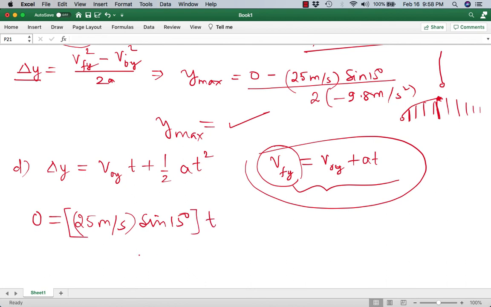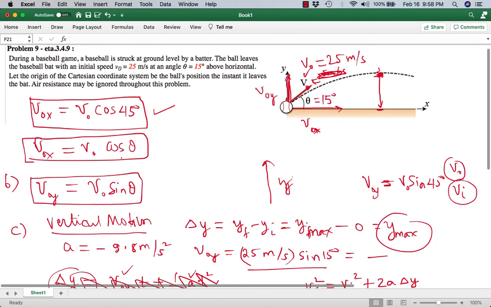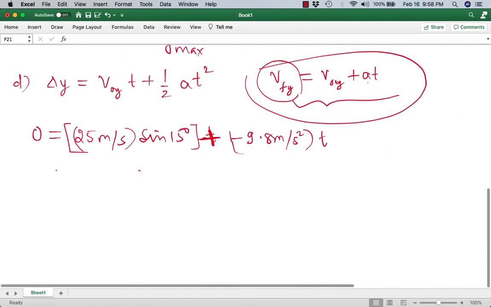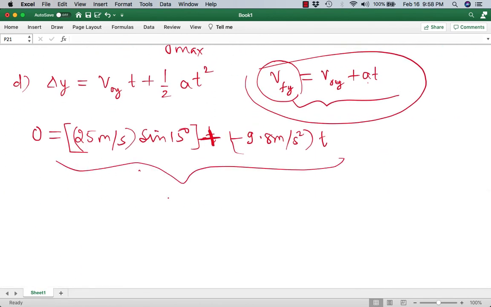So you do the calculation, that's the V0y, and then we have plus a, which is negative 9.8 meters per second squared, and then t, sorry, not t squared, just t. So solve this equation and then get t. That's the time.